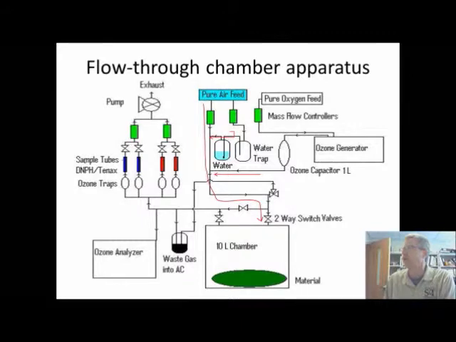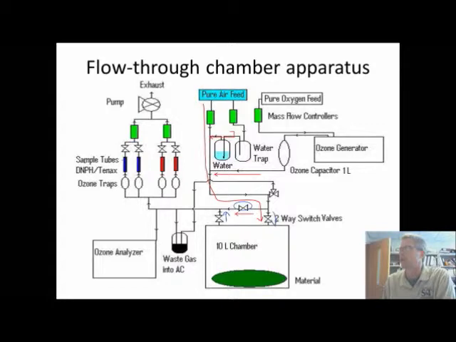We have the ability, using these valves and an automated system, to control the flow direction. If we bypass it, as shown by this arrow, then we can check what's going on at the inlet, essentially. What's the inlet concentration? And if we shut that valve off, shut this valve off, and then have it going in this direction through these valves, then we're measuring the concentration at the outlet.